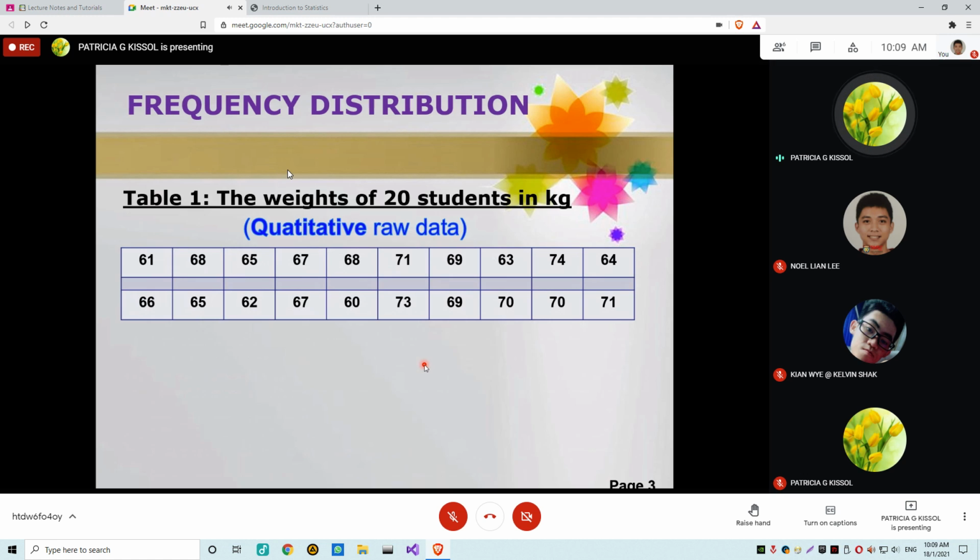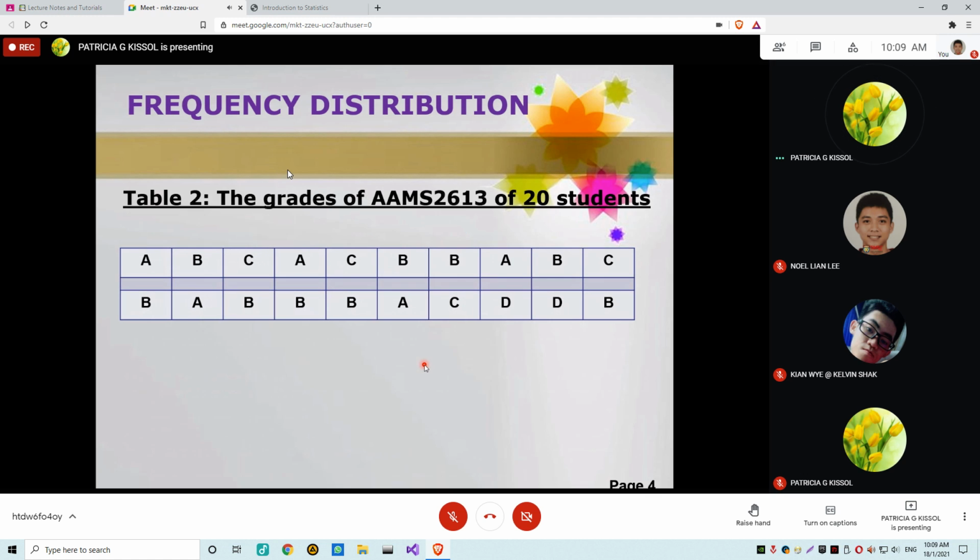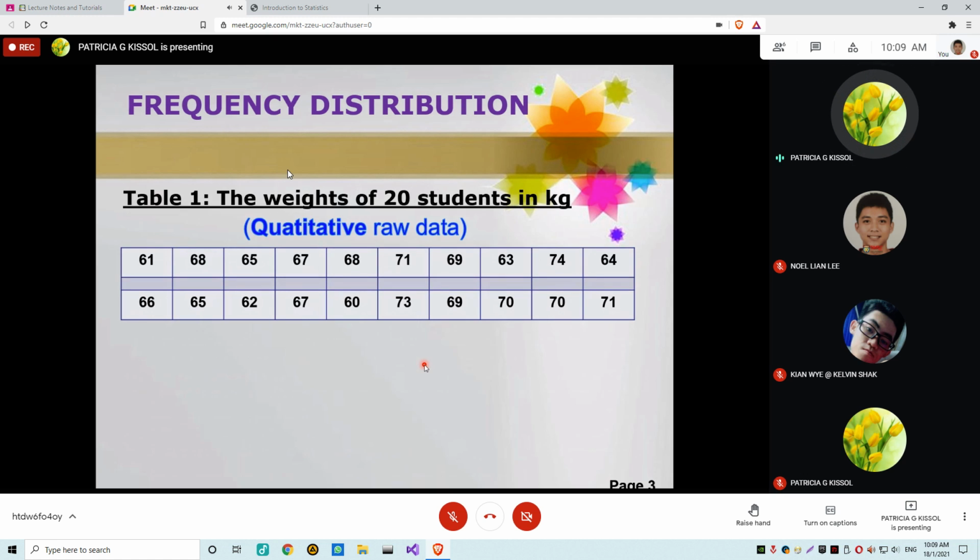Same thing with table number 2. You can see here. However, table number 1 is more in reference to quantitative raw data. Why do we say it's quantitative? It's because it's numerical. Each of the data that we collected are numerical. Now remember, it's about weights. So with weights, definitely there would be decimal places.